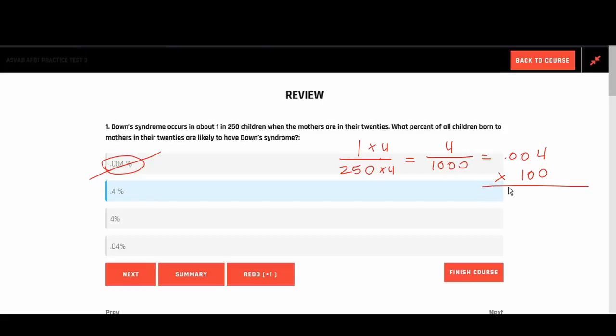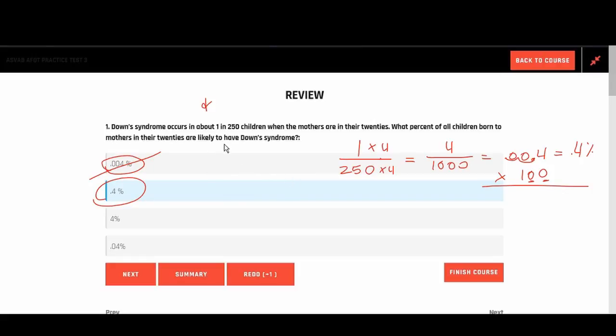And instead of working that out, we have to recognize that whenever we multiply something by 10, 100, or 1,000, it just shifts the decimal place either right or left according to the number of zeros in that number. So in this case, 100 has 2 zeros, so I'm simply going to shift this 0.004 2 times to the right, so I can see that this is going to be 0.4%, which is right there.